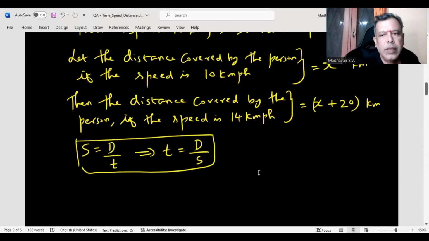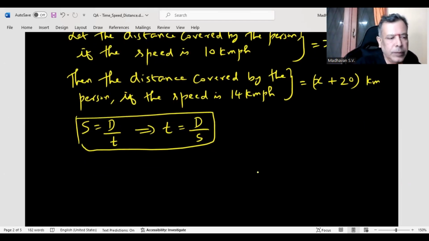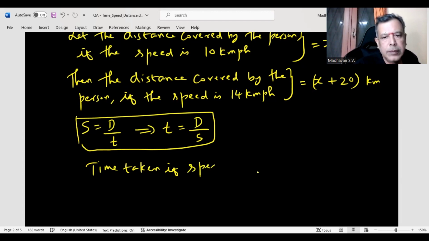Now, time taken. If speed is 10 kilometer per hour, will be time taken.